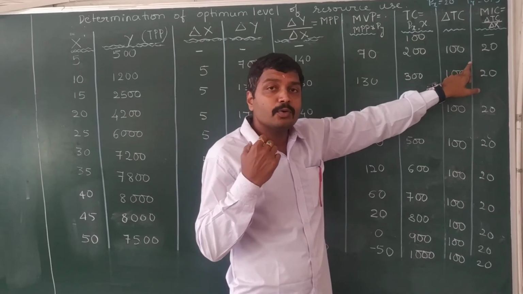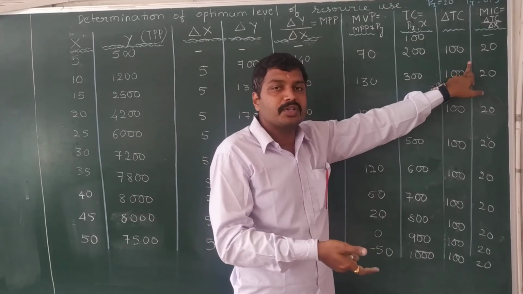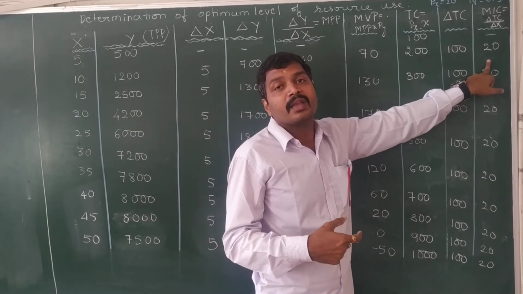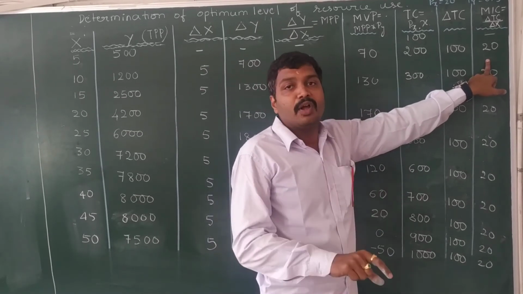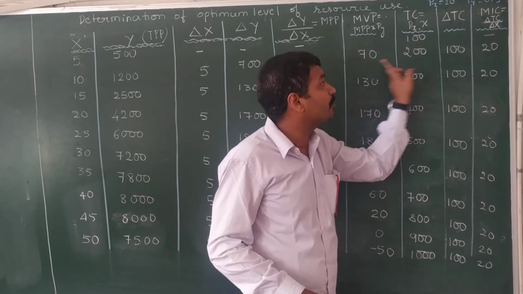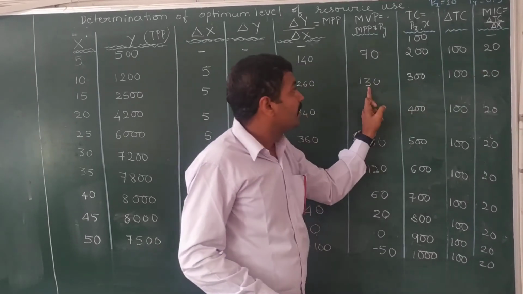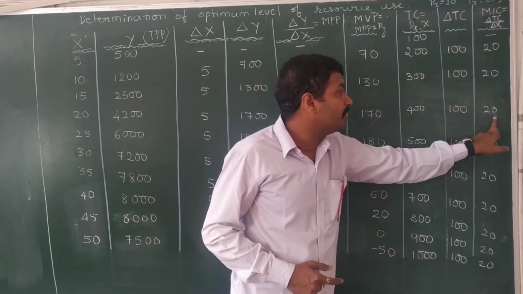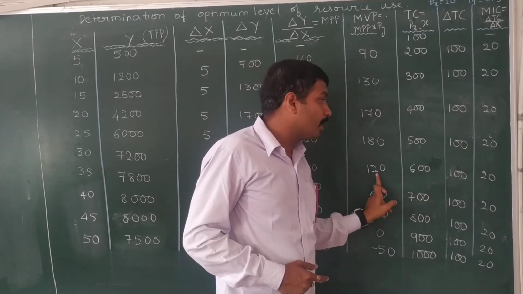When the returns accrued to him are more than the cost incurred by him, it is feasible on his part to continue application of that level of input. That means the farmer should continue. See the next levels: 130, 20, 170, 20, 180, 20, 120, 20.